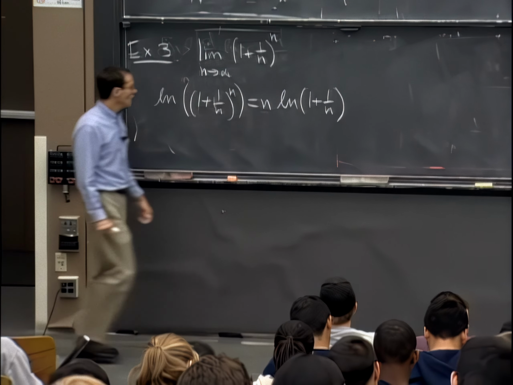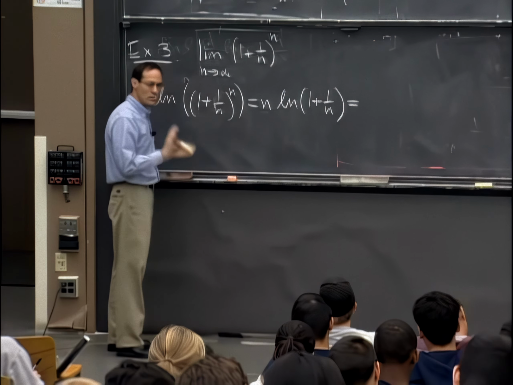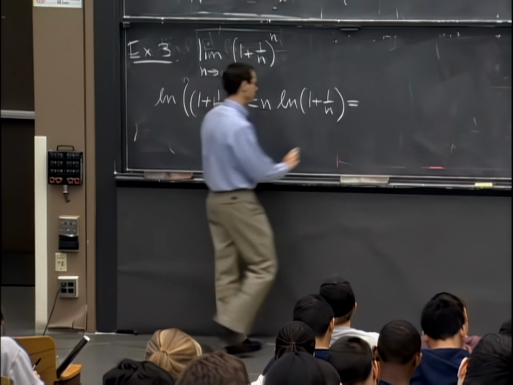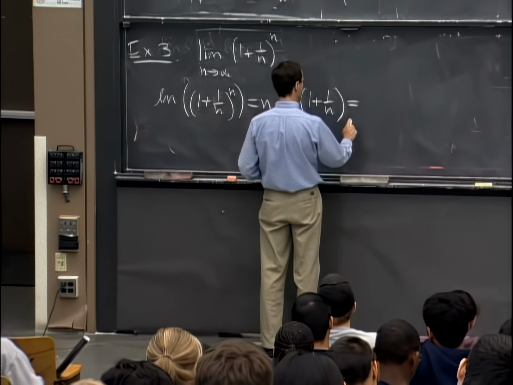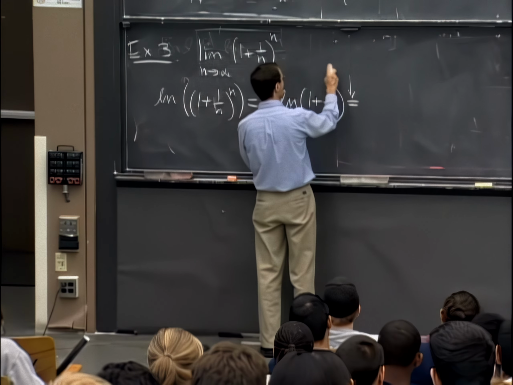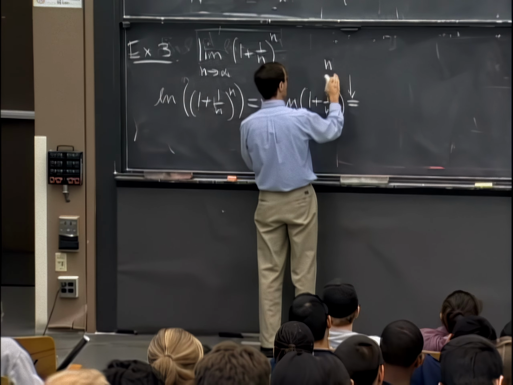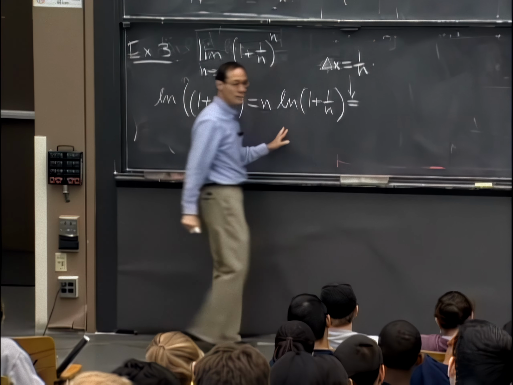And now I'm going to rewrite this in a form which will make it more recognizable. So I'm going to say delta x is equal to 1 over n. All right?